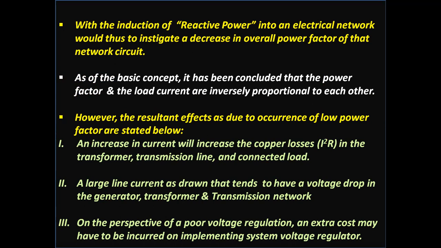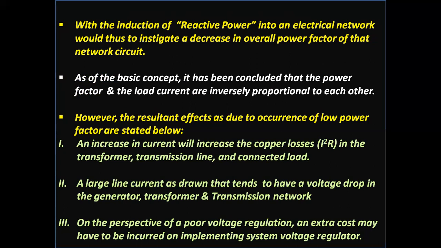However, the resultant effects due to the occurrence of low power factor are stated below. An increase in current will increase the copper losses in the transformer, transmission line, and connected load.